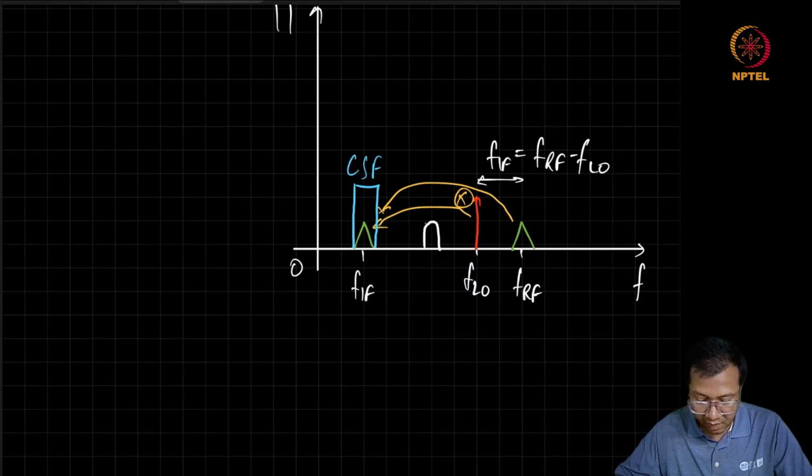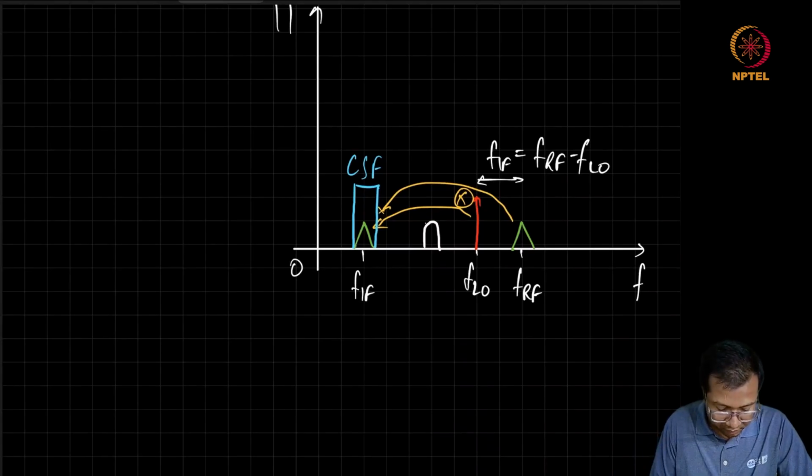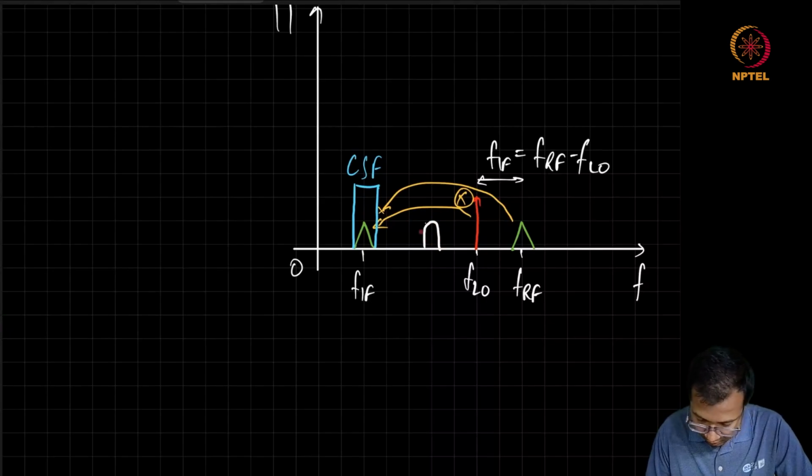So even though the channel select filter is going to select our desired signal, but we also have the signal which may be present.